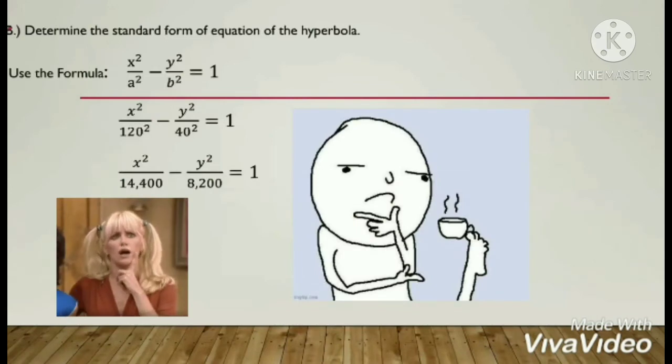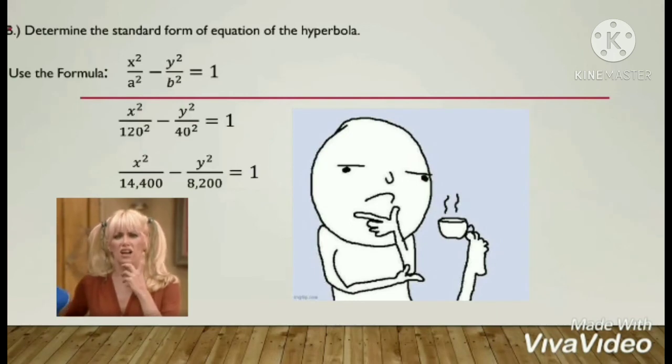Determine the standard form of the equation of the hyperbola. We use the formula x squared over a squared minus y squared over b squared equals 1. Therefore, x squared over 120 squared minus y squared over 90 squared equals 1.